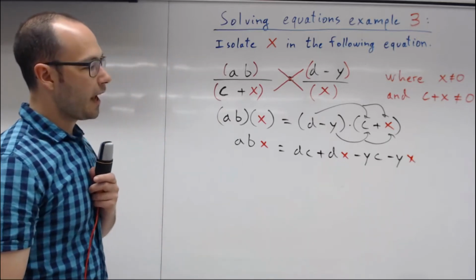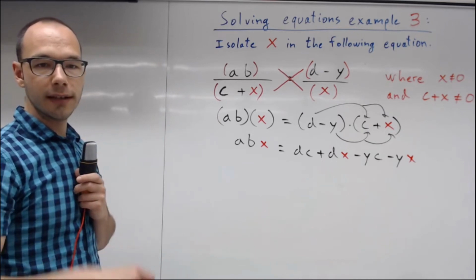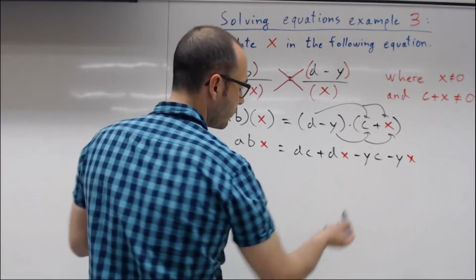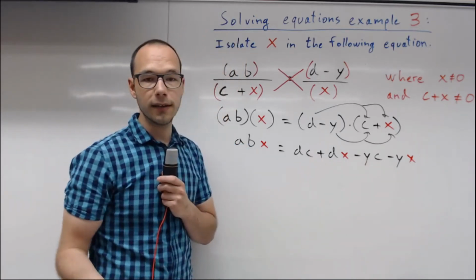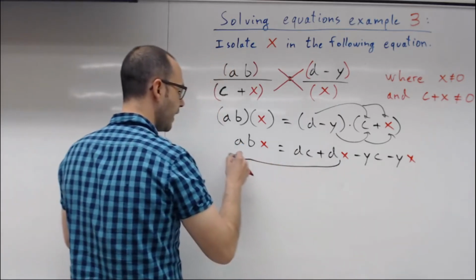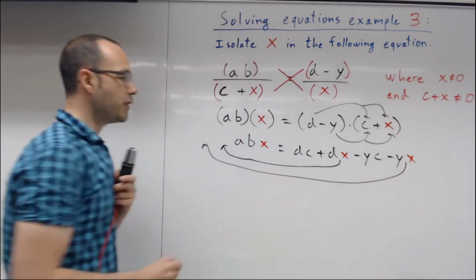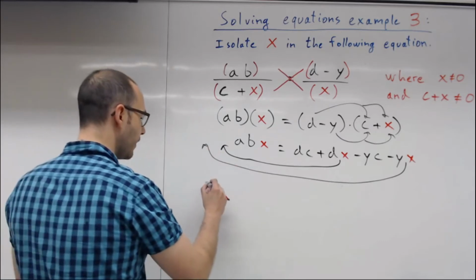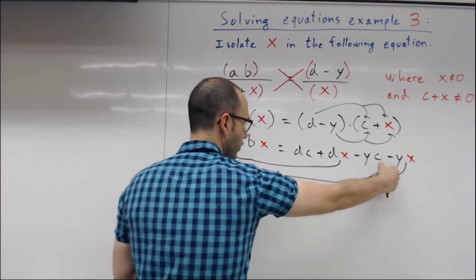Now we have to isolate x. I'm going to bring all the x's on the left side. You can also choose the right side, but then you'll have to bring the constant number on the left side. So I'm going to bring that dx here, and bring that negative yx here. It's going to change the signs of the terms, so you got to be very careful. It's going to become yx positive because it was originally negative.